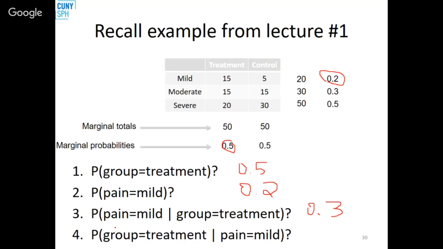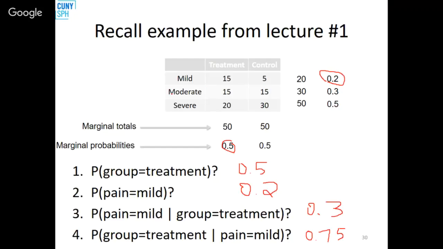And finally, how about the probability that you are in the treatment group conditional on reporting mild pain? 0.75, yep. 0.75 because it's conditional on mild pain.